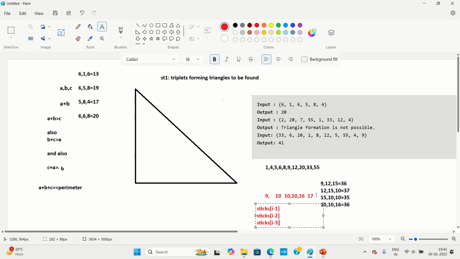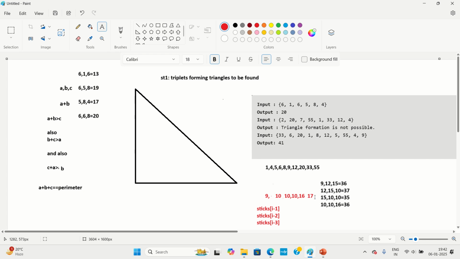Even if we want to get the maximum longer side, say 9, 10, 10, and 10, 16, 17. So 9, 10, 10 is forming a valid triangle because 19 is less than 20, and again 19. So between 10 and 17, 17 is larger. So this one is by default chosen. We just need to check the last triplet here.